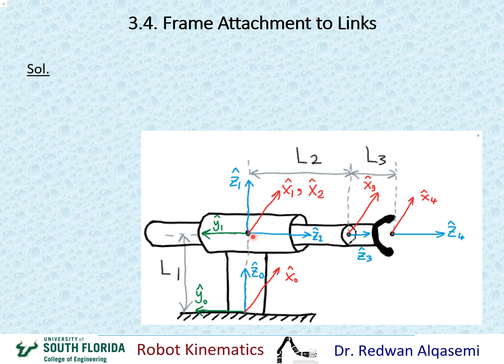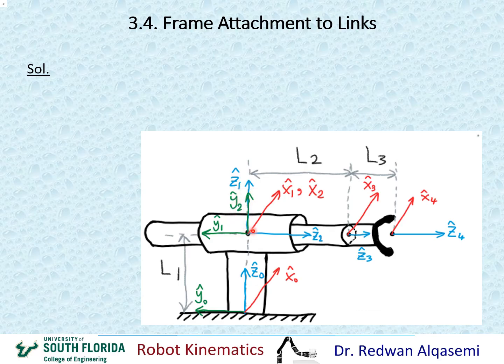Now for y2, I'll put my thumb along z2 direction and my forefingers along x2 direction, and then I move my forefingers 90 degrees to point towards the y2 direction. So if I do that, then the y2 will be similar to the z1 direction. So I'm going to draw it on top of z1, and that would be y2 direction.